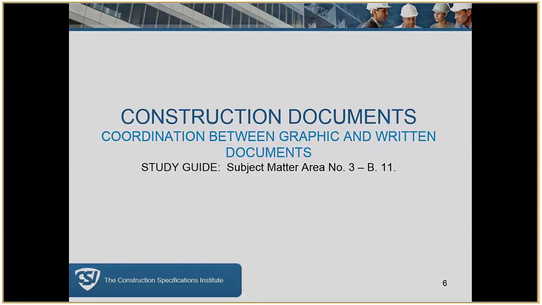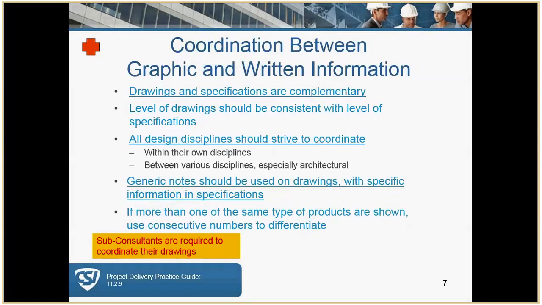Construction documents, coordination between graphic and written documents. Now, the coordination between graphic and written documents is very critical. It has been previously stated that there should only be one person ultimately responsible for the coordination effort.